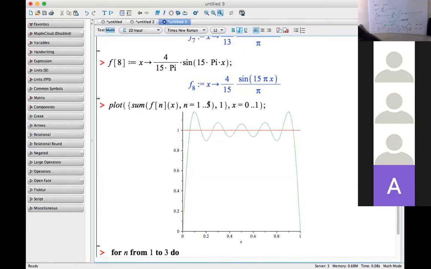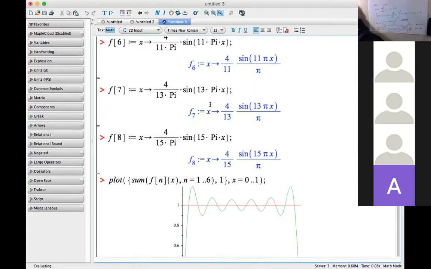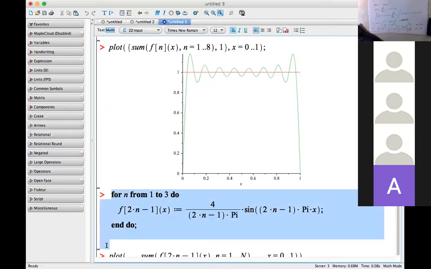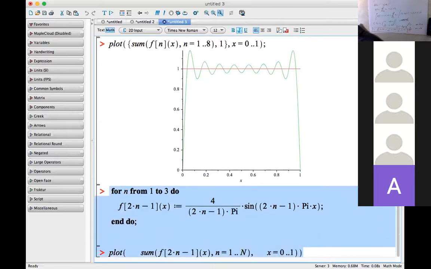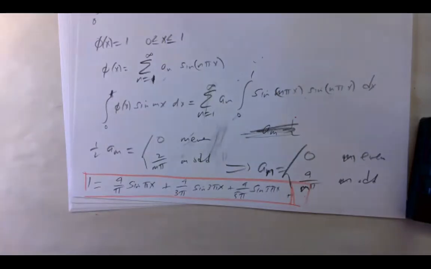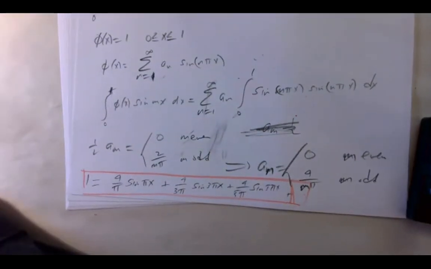That's the sum of the first 5. That's the sum of the first 6. That's the sum of the first 7. That's the sum of the first 8. So it's just kind of interesting to see how this goes. Okay. All right. Anyway, so that's the Fourier series.